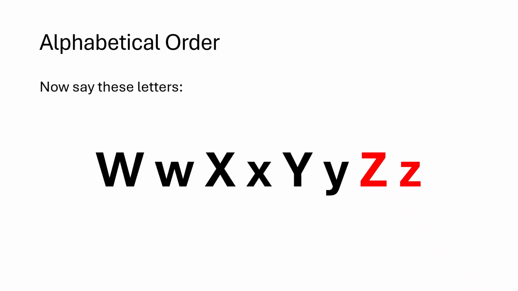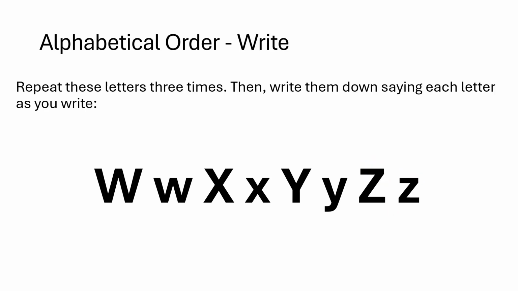Now say these letters. When I pause, you repeat the letters. W, X, Y, Z. Repeat these letters 3 times. Then write them down, saying each letter as you write.